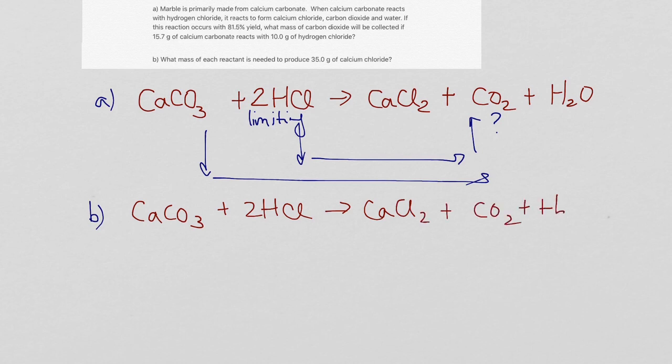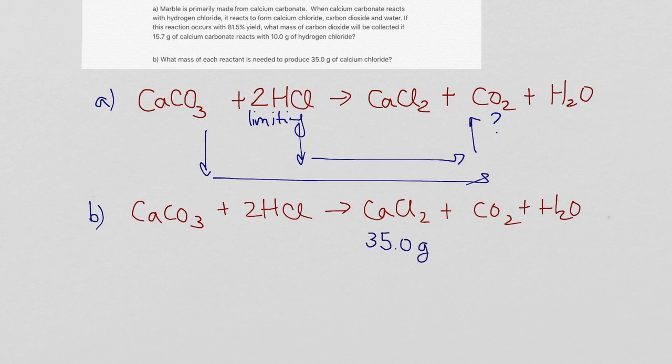And instead of giving you an amount of reactant and asking you to calculate product, now we want to know this. We're saying that we want to make 35.0 grams of calcium chloride. 35.0 grams of it.